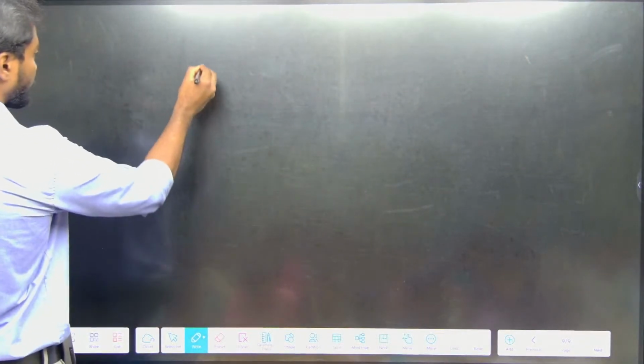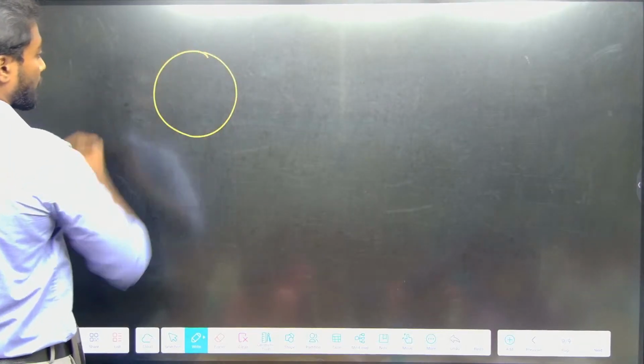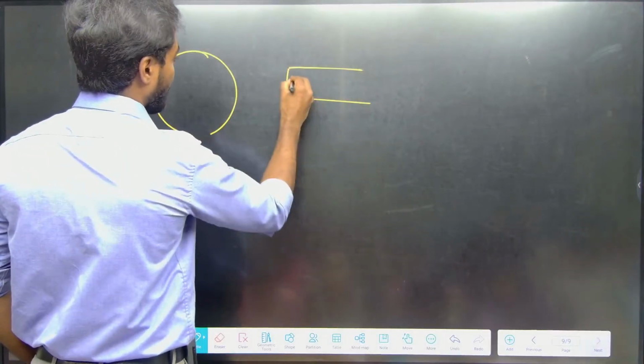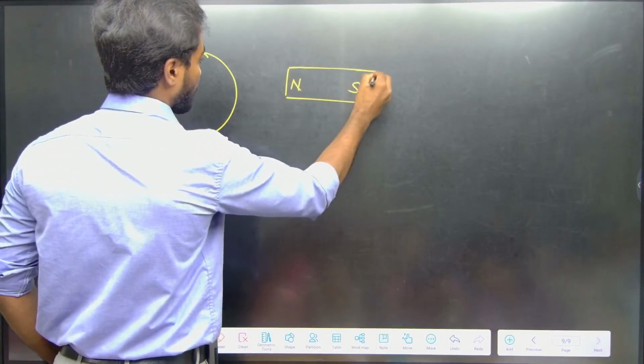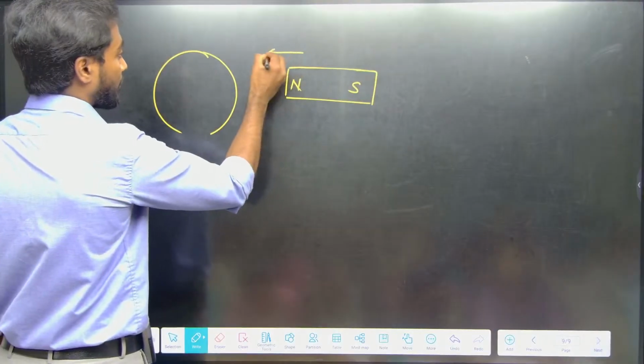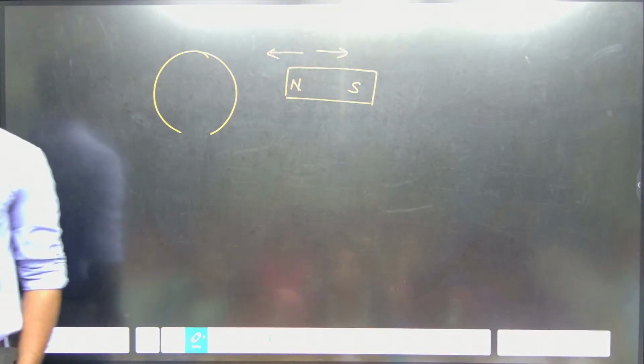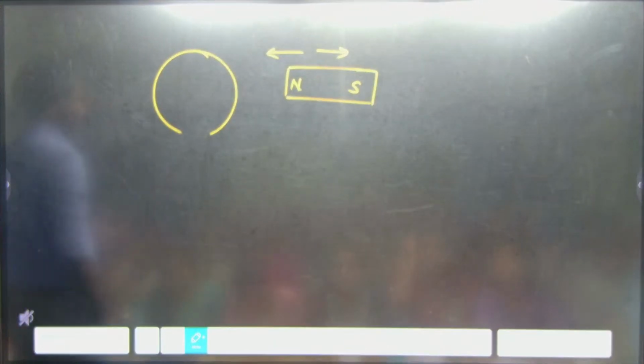Okay. Now I have taken the magnet, north pole and south pole. I am trying to move the magnet left and right, which means obviously a change in magnetic flux has been produced. Will there be any EMF produced?